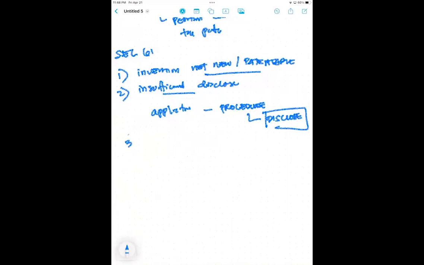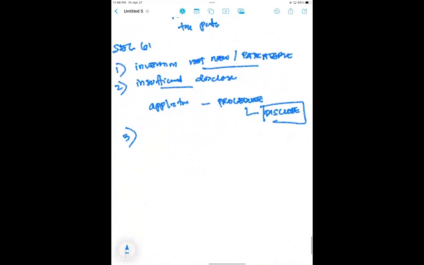And third is the patent is contrary to public order or morality. Then these are the three grounds for the cancellation of the patent. Okay?